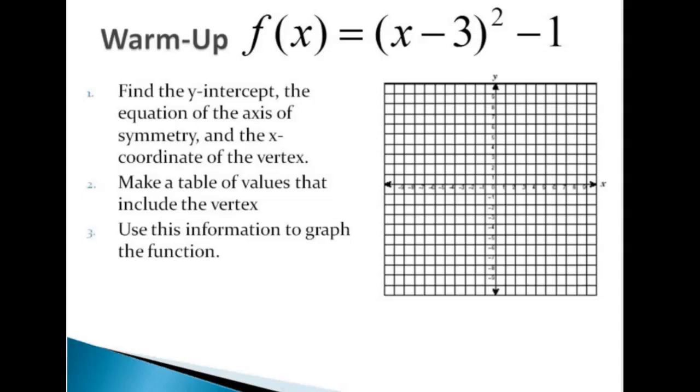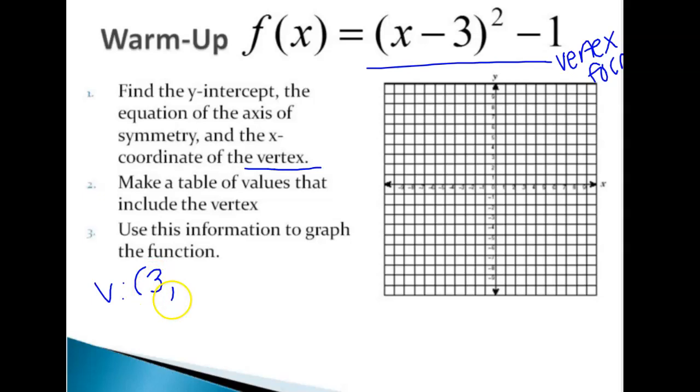So this equation is in vertex form, which means that I can easily see my vertex. It says, what are the coordinates of the vertex? Well, my vertex is (h, k), which is 3, comma, negative 1.